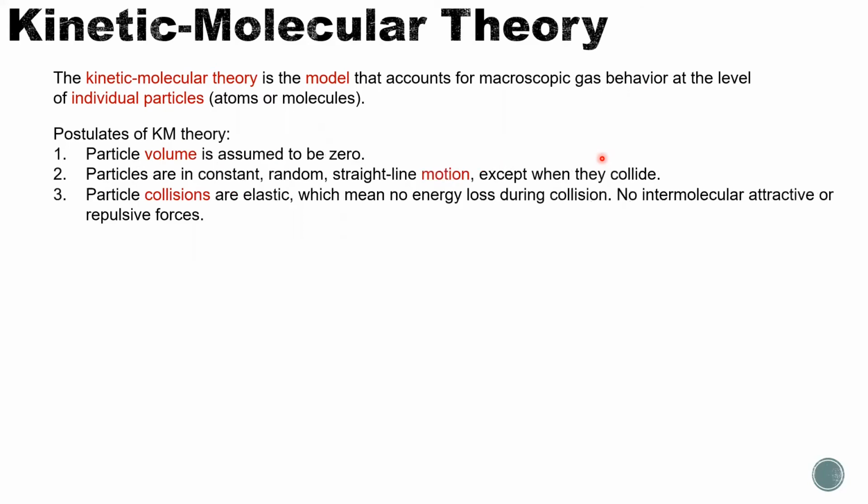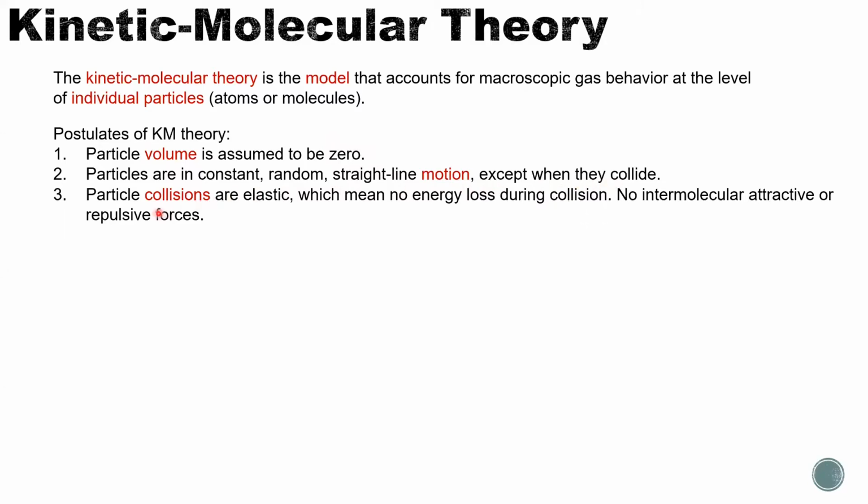There are a few postulates of kinetic molecular theory. First, particle volume is assumed to be zero. It's like the conditions for the ideal gas laws. The same thing for the kinetic molecular theory: particle volume is assumed to be zero, and particles are in constant random straight line motion, except when they collide.